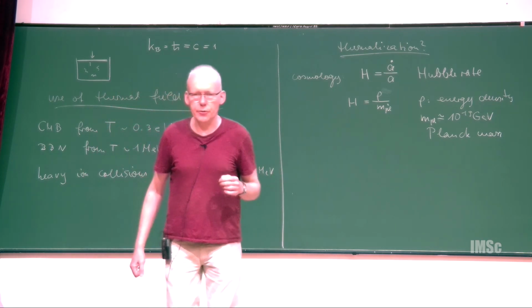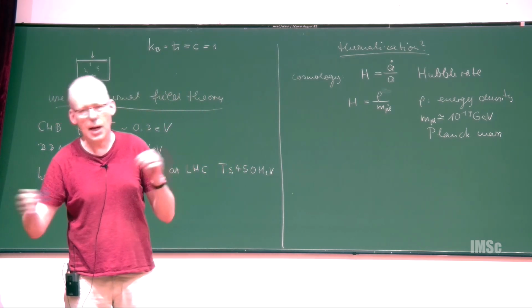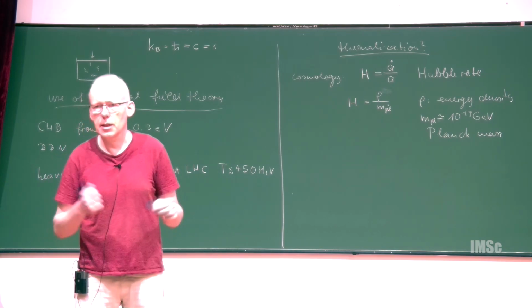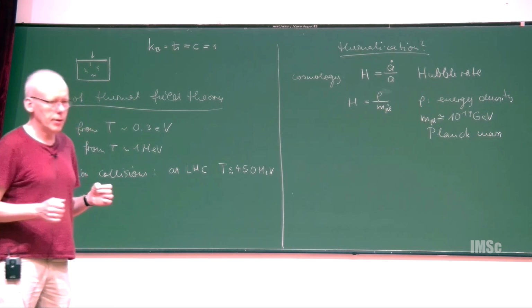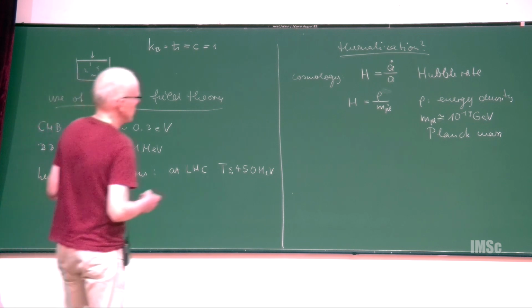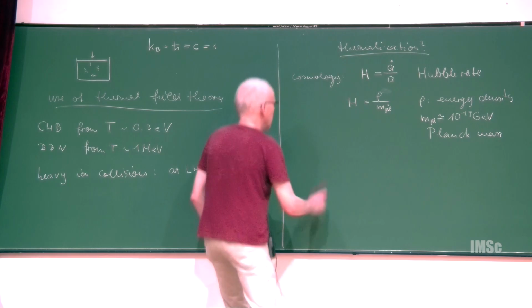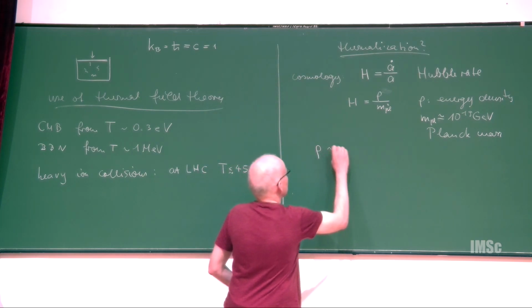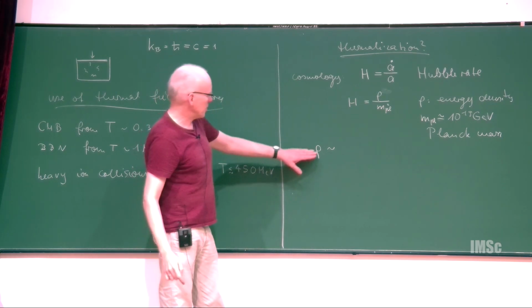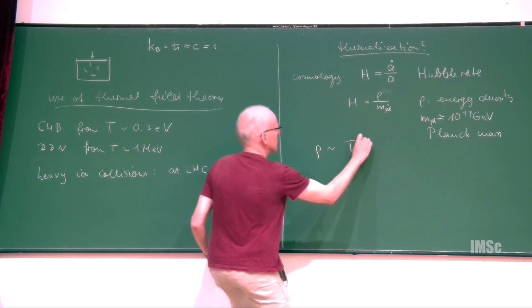Now, if the system is very hot, so that we can neglect the masses of all the particles, and if the interactions are weak enough, then we have an ideal gas, and the only scale of this ideal gas is the temperature. So this energy density has mass dimension 4, so it must be some number times the temperature to the fourth.